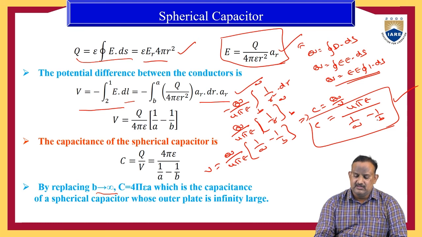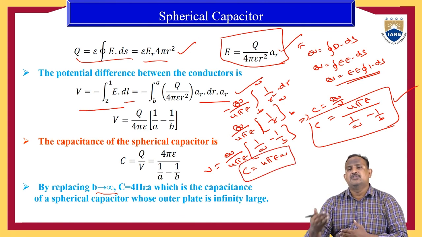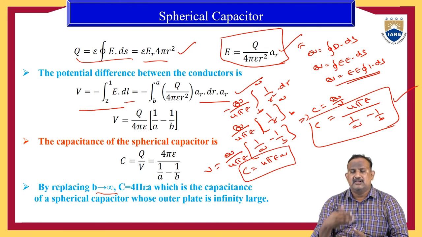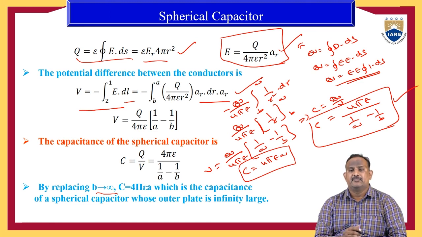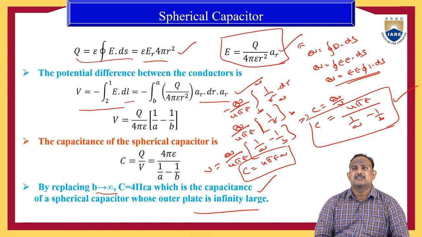Therefore, the capacitance C is equal to 4 pi epsilon A. If the second conductor goes to infinity, the capacitance C is equal to 4 pi epsilon A, which is the capacitance of an isolated spherical conductor.